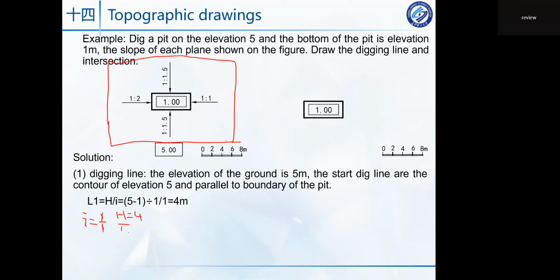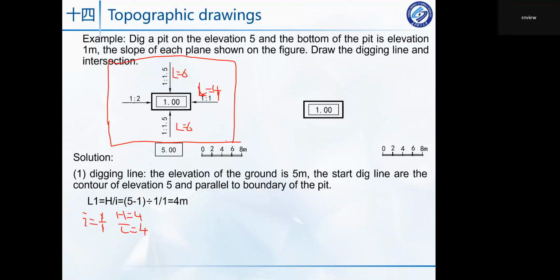Of course, L is 4. It's very easy. So at this side, L is 4. And for this one, in the same way, we get L is equal to 6, and this one, L is equal to 6.